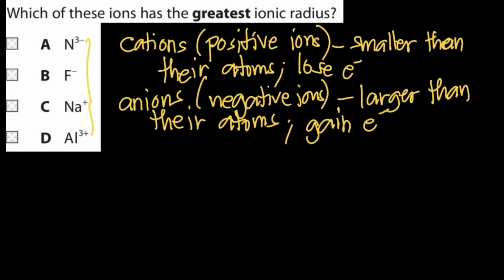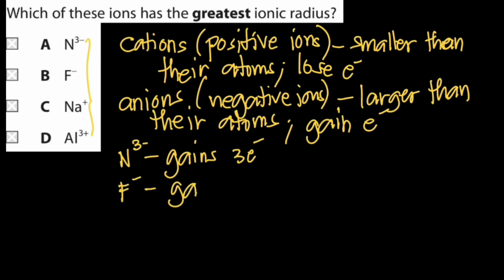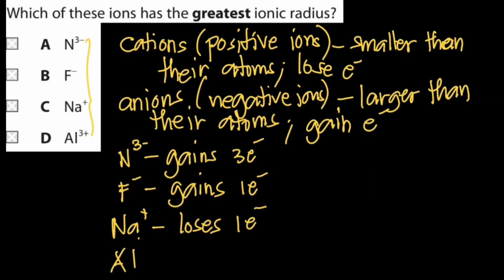Compare each ion. So we have nitride, N3−. This gains 3 electrons. And then for fluoride, this gains 1 electron. Then Na+, sodium ion, this loses 1 electron. And aluminum ion loses 3 electrons.